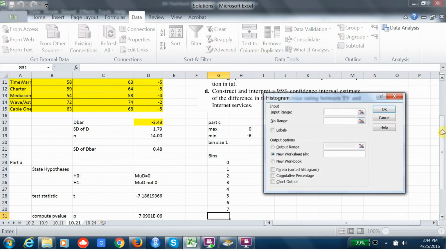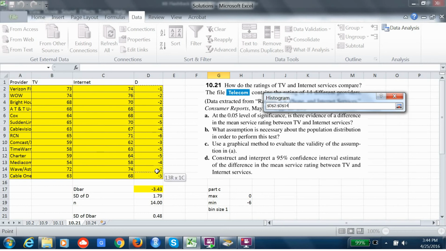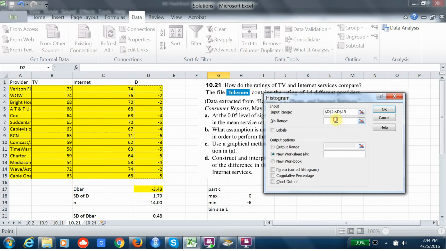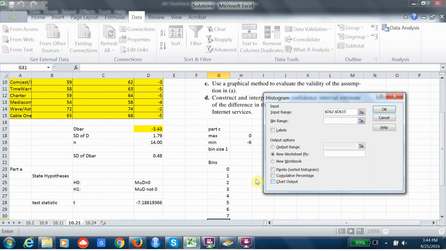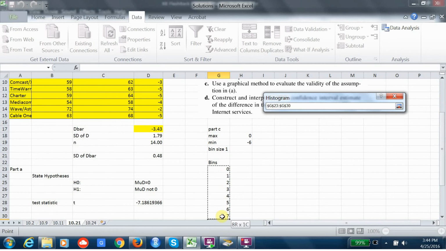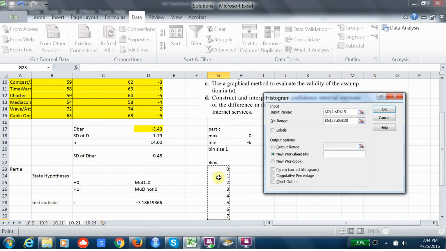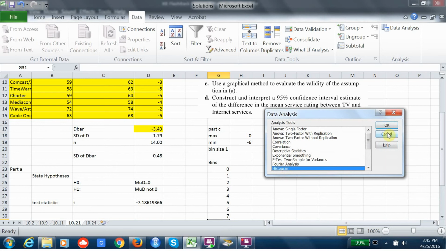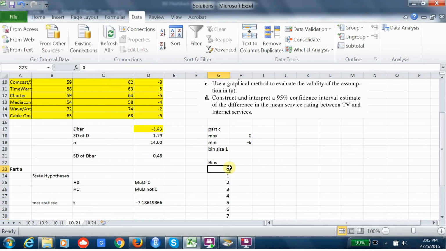Our input range is right here. Our bin range is here. Actually, I have to be careful. I need to do this over. I need to go the other way. I need to go up to -7, -6.